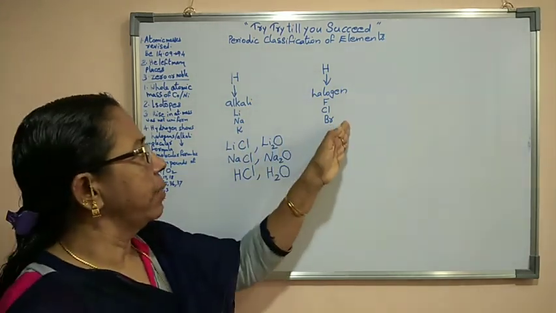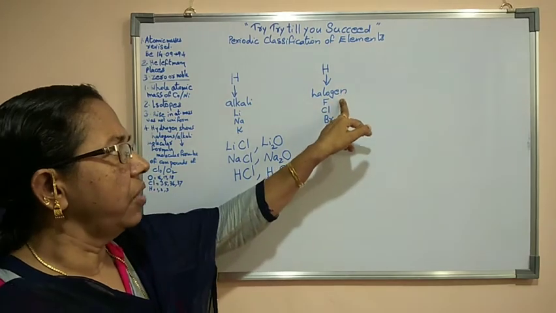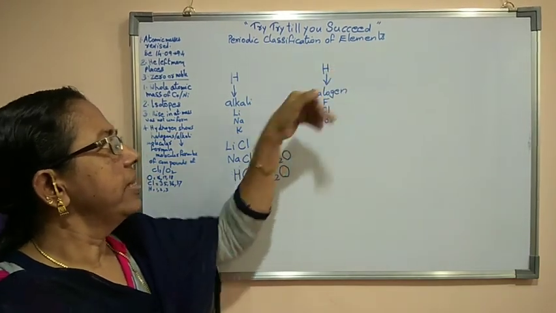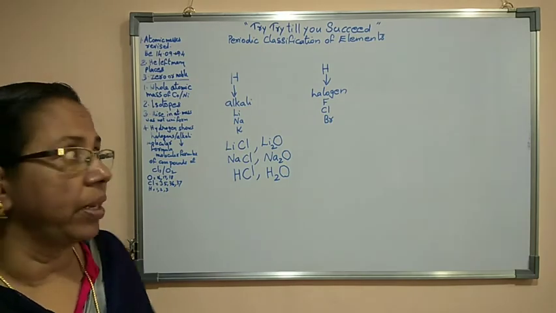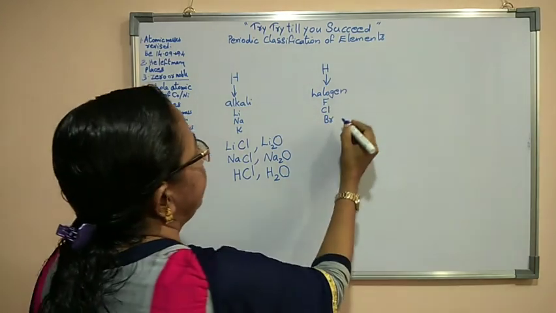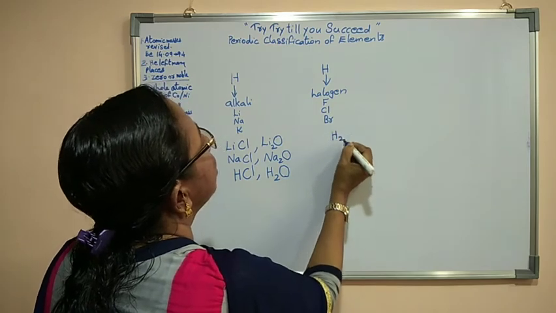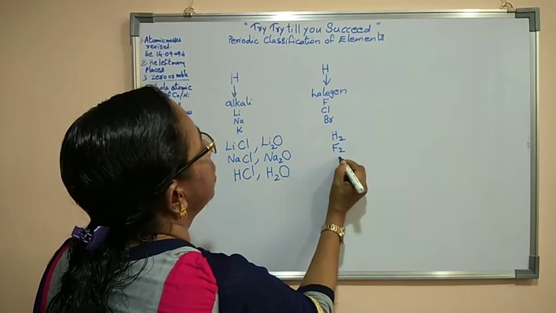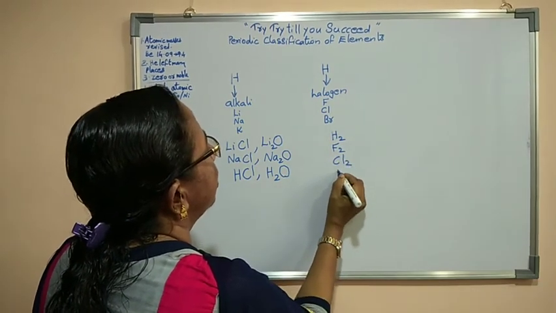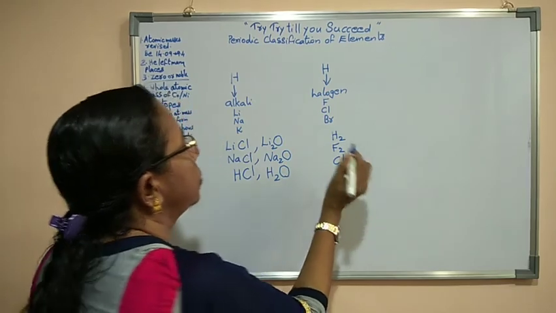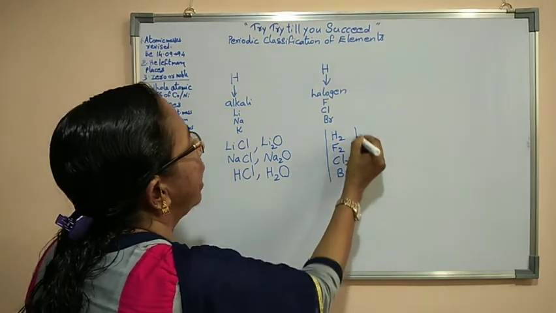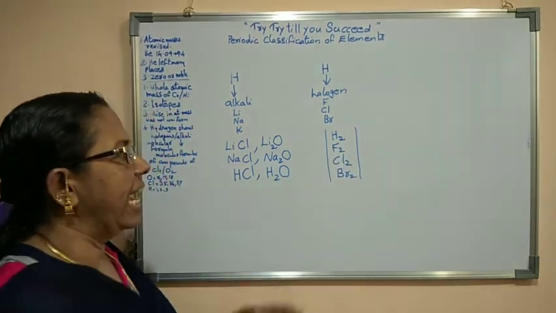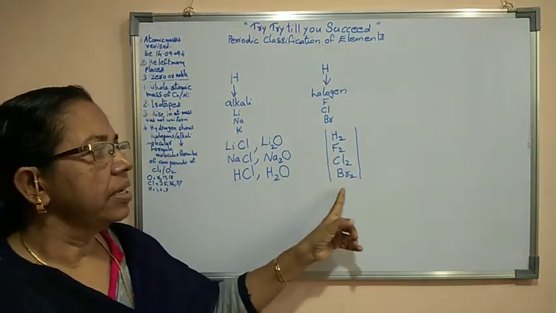Now, when we think about halogens, hydrogen shows similarity in the formation of molecular formulae. Let us see: hydrogen H2, fluorine F2, chlorine Cl2, bromine Br2. In the same way, the molecular formula of hydrogen is similar to the halogens.